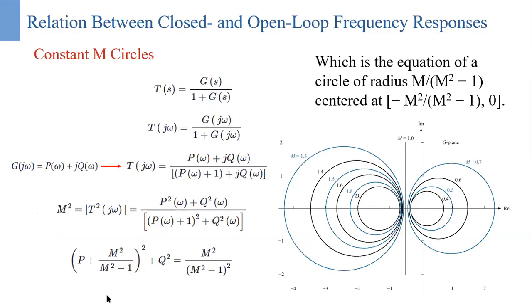Now, so far what we have discussed is the polar plot or the Bode plot of the open loop system. Now we'll try to find the relation between the closed loop and the open loop frequency response. Whatever open loop frequency response we have figured out so far, we want to relate it to the closed loop system without directly computing the frequency response of the closed loop system. This idea was developed when there was no MATLAB.